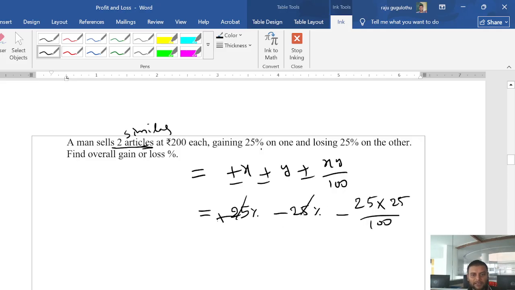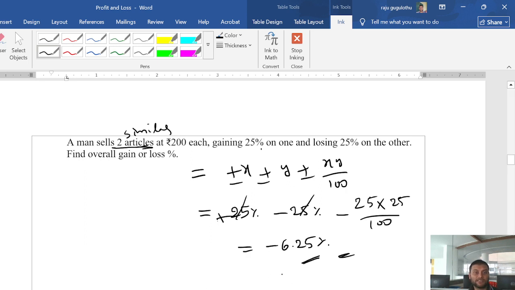This is the direct shortcut for this question, and this is minus 6.25 percent. So on the overall transaction, the person is going to lose 6.25 percent.